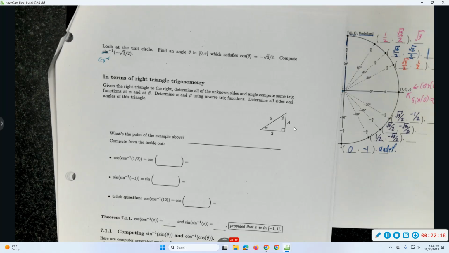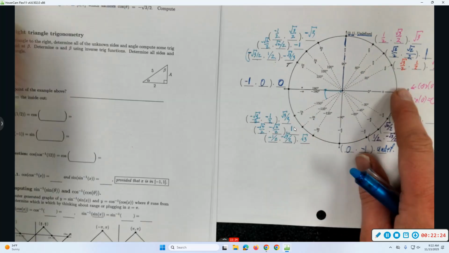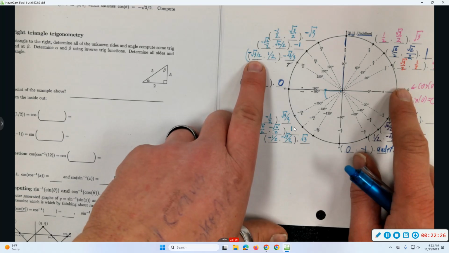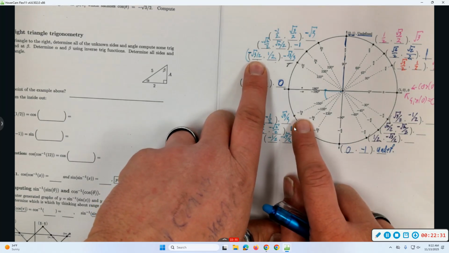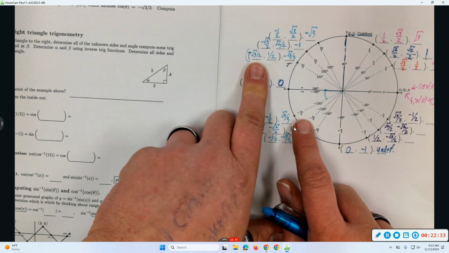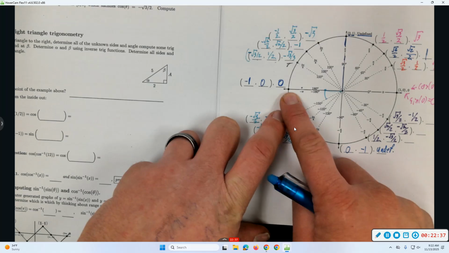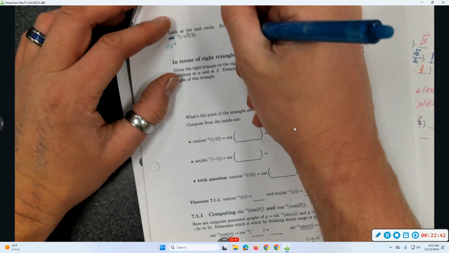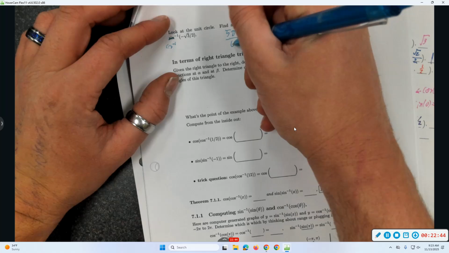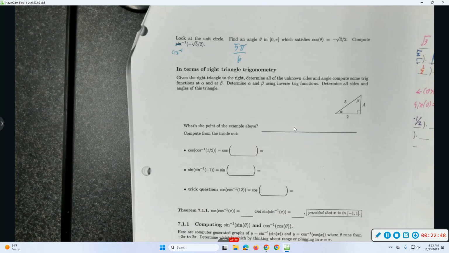Cool. Right, I want cosine to be negative root 3 over 2. Cosine's negative root 3 over 2 at 5 pi over 6, and also at negative 5 pi over 6. But what range does inverse cosine have to live between? 0 to pi. Yeah, there we go, 5 pi over 6. Neato. Groovy. That feel pretty alright?